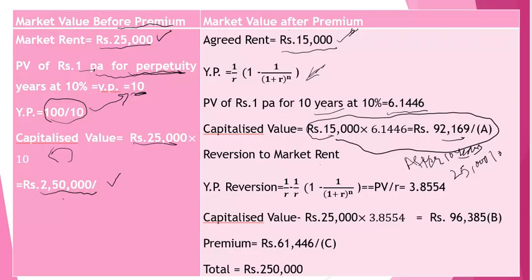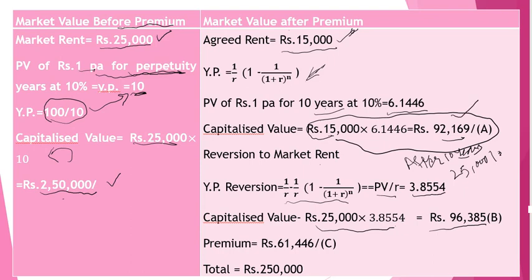So YP reversion, you can calculate with the formula. You know this is the YP reversion formula, or PV upon R. It is 3.8554. So 25,000 into 3.8554, 96,385. So see here, this is the capitalized value for the first 10 years.